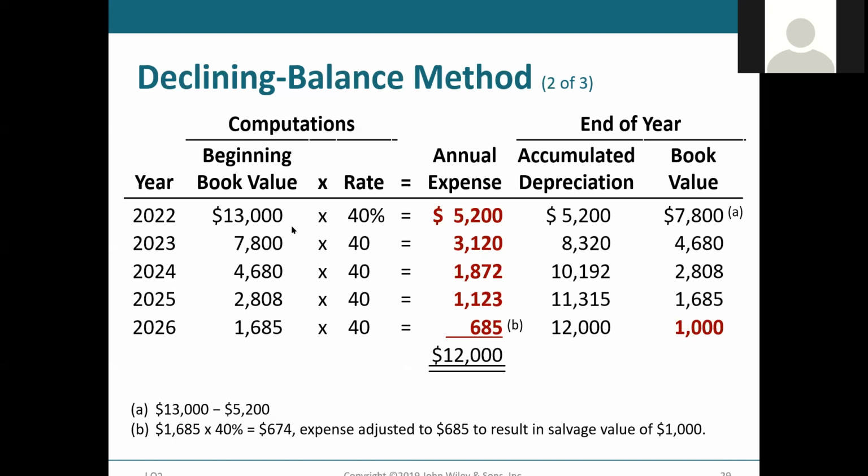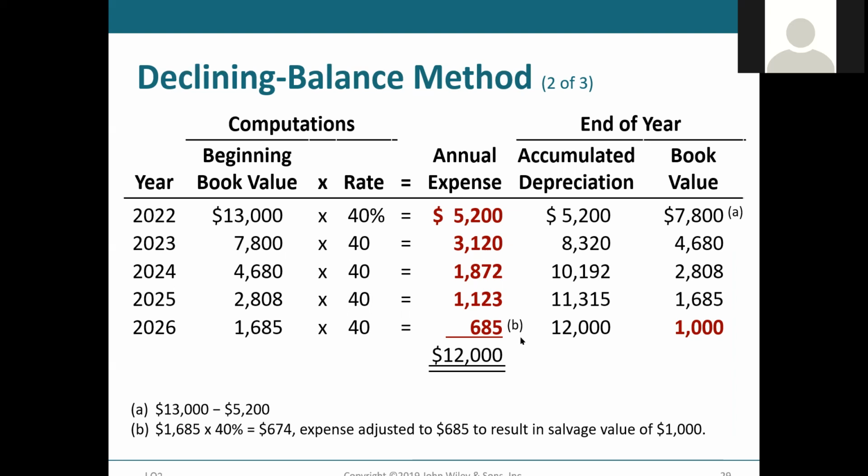And the book value of the asset, 13,000 minus 5,200, goes all the way down to 7,800. Then the next year, we take the book value multiplied by 40%, and we come up with 3,120. 7,800 minus 3,120 equals 4,680, etc.